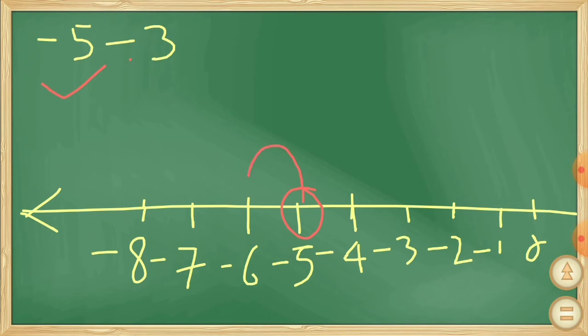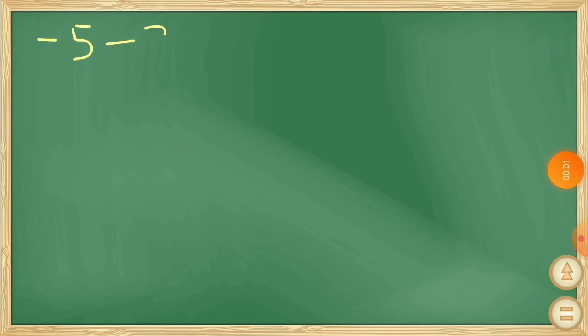Minus 5 is our first number, so we locate it, and minus means moving towards the left, so we move 3 units towards the left and we get minus 8 as an answer. So minus 5 minus 3 becomes minus 8. So this was addition and subtraction on a number line.